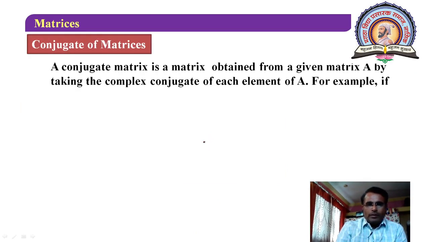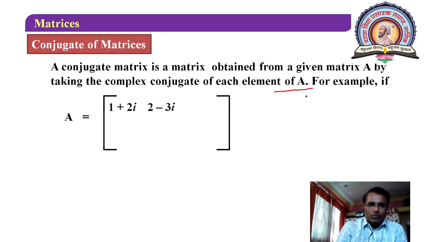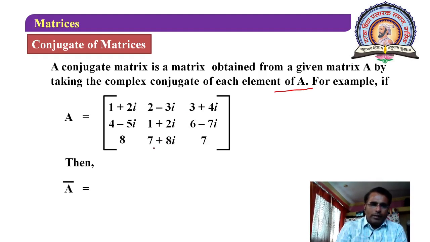A conjugate matrix is a matrix obtained from a given matrix A by taking the complex conjugate of each element of A. For example, if A is the matrix with entries 1 plus 2i, 2 minus 3i, 3 plus 4i, 4 minus 5i, 1 plus 2i, 6 minus 7i, 8, 7 plus 8i and 7, then its conjugate is denoted by A bar. This is the notation for conjugate, and it is obtained by taking the conjugate of each element.